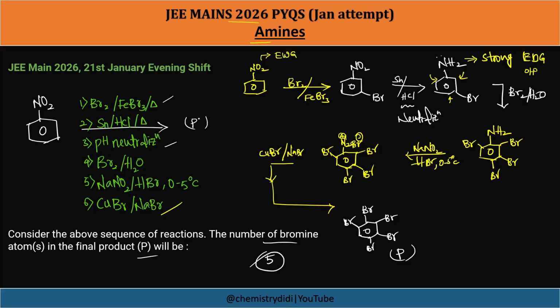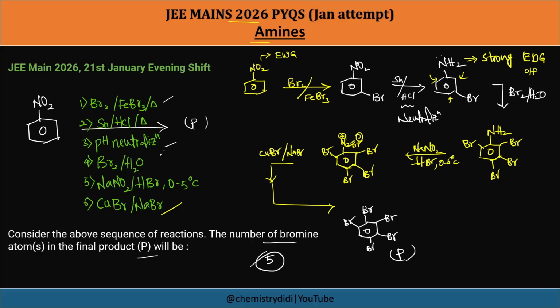See, let me summarize this question once. Here they have given this reagent, which generally undergoes an electrophilic substitution reaction. As it is an electron withdrawing group, it will get substituted over the meta position. Then they have given tin, HCl and heat. This is just a reducing agent; it will reduce NO2 to NH2, and then pH neutralization.